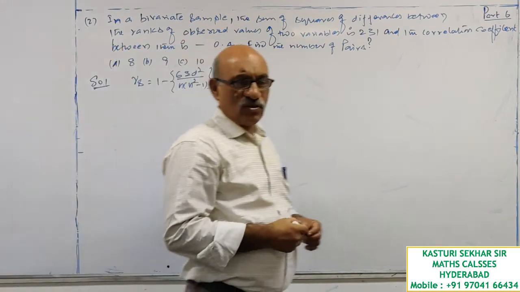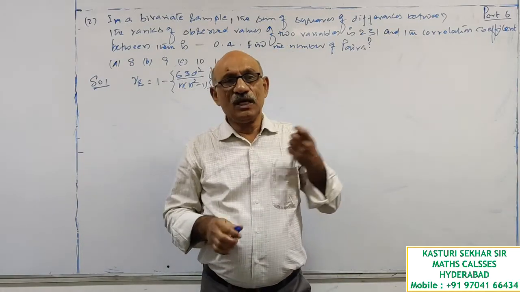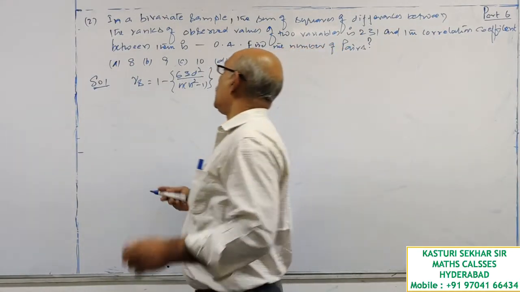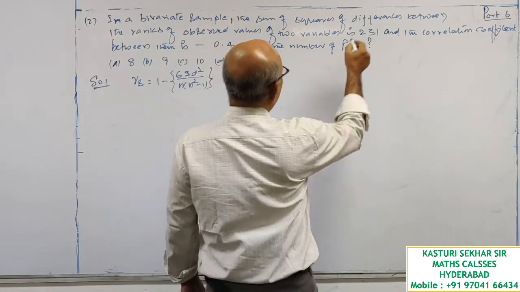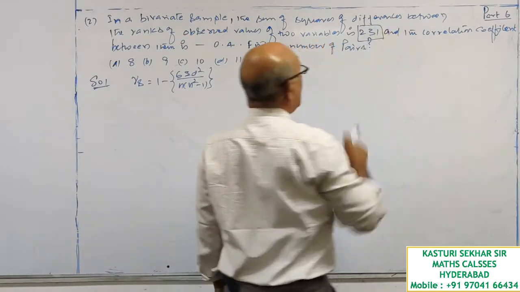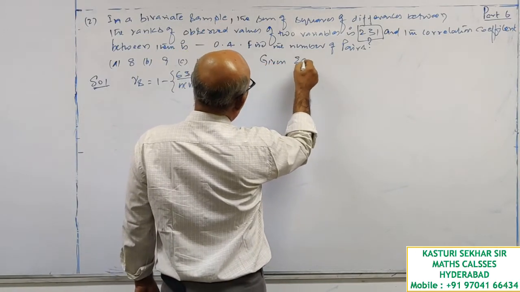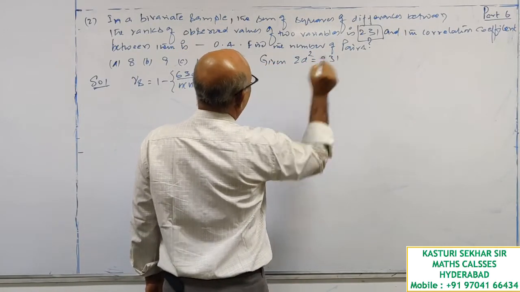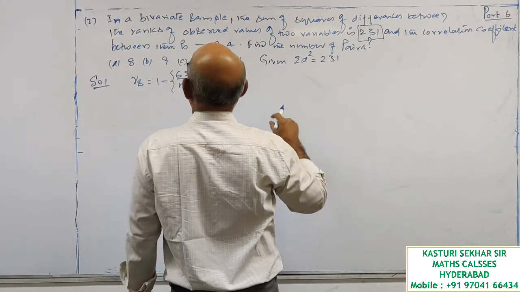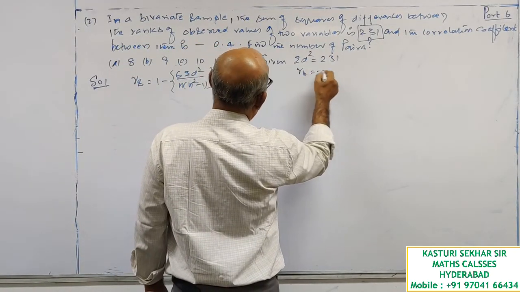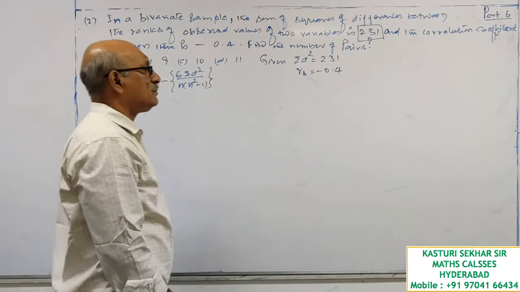Now what is given here? Summation of d square is 231, and Rs is equal to minus 0.4.